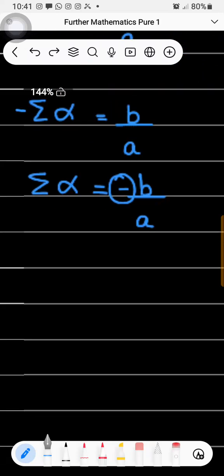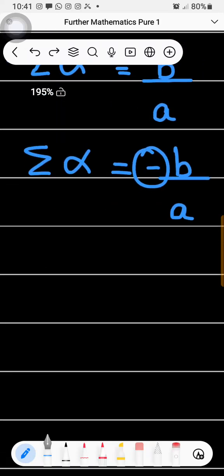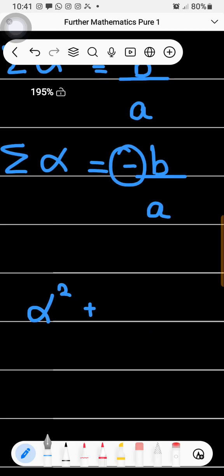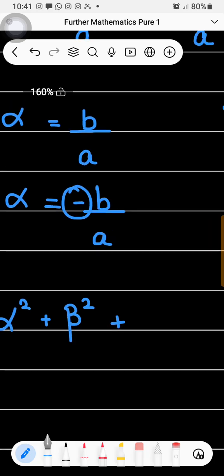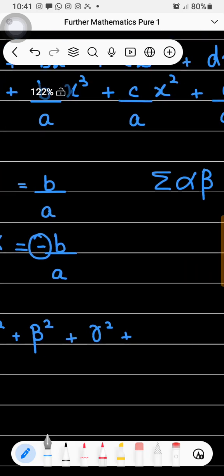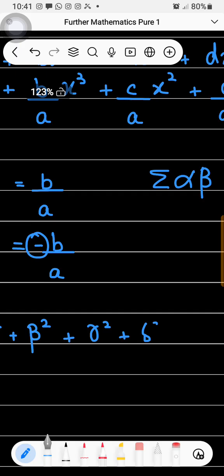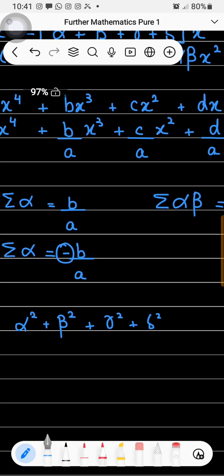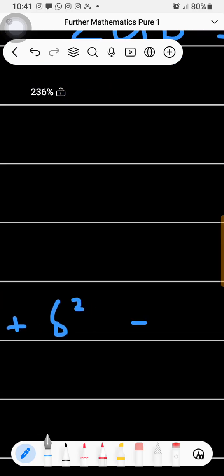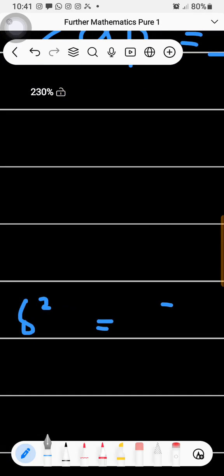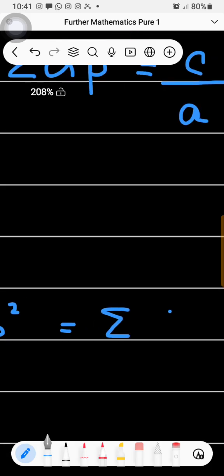If the question asks for alpha square plus beta square plus gamma square plus delta square, does anyone of you remember the formula in cubic for sum of alpha square?